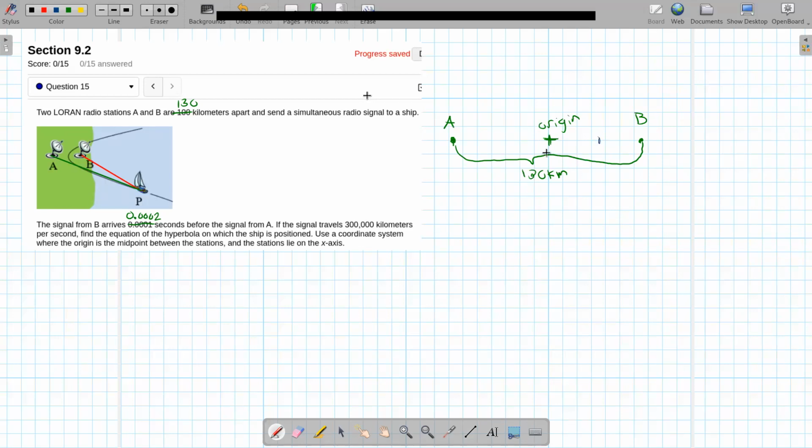And otherwise, it's heading on like an asymptotic path. Remember, hyperbolas have those asymptotes. So I'm going to draw in an asymptote here in red. Let's make that the asymptote there.